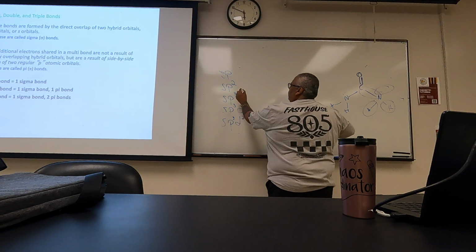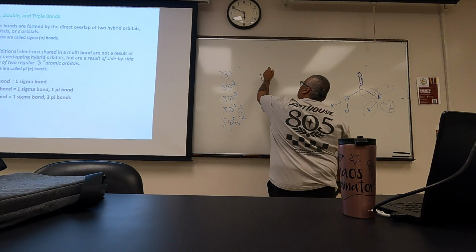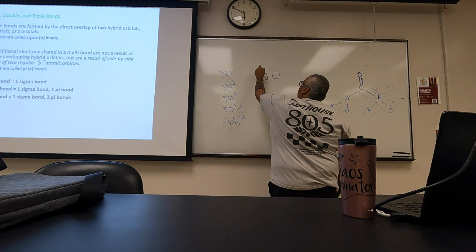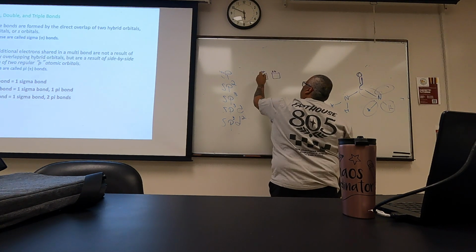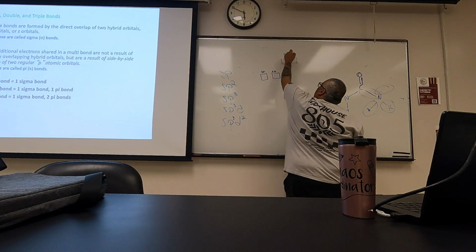So when we have something that is sp here, this is our sp, this is sp, and then we have p.